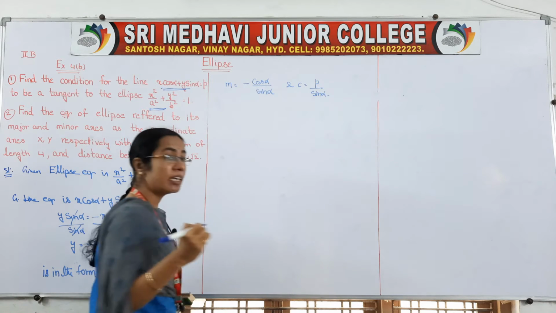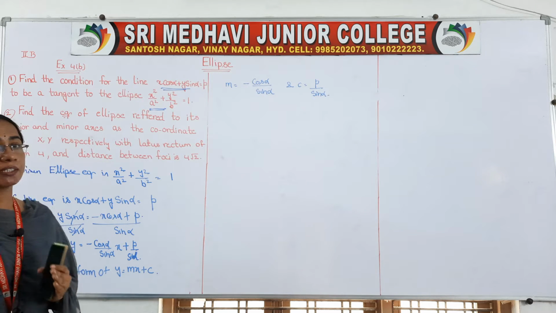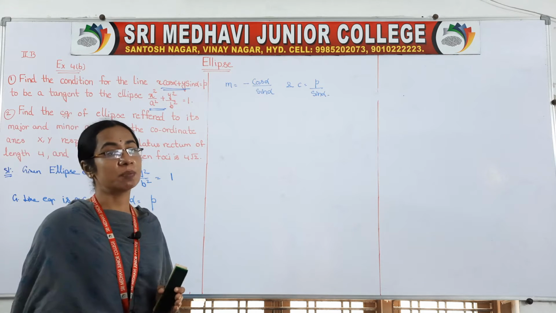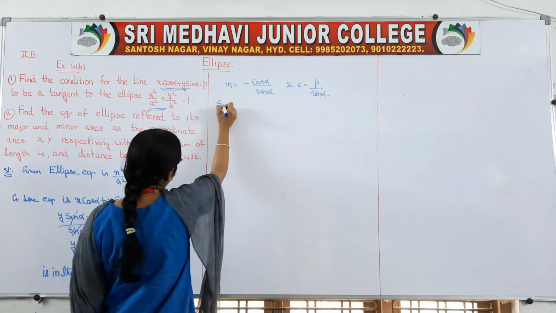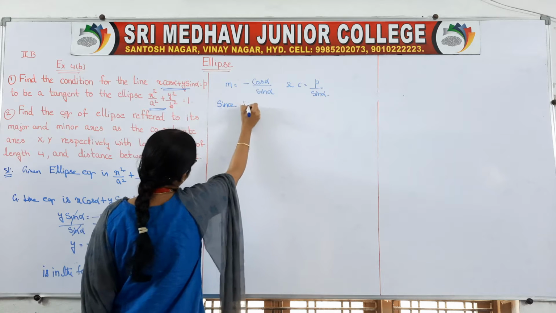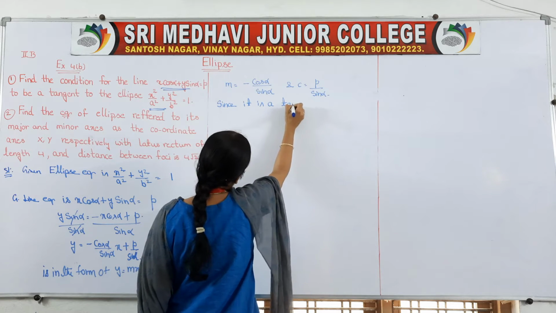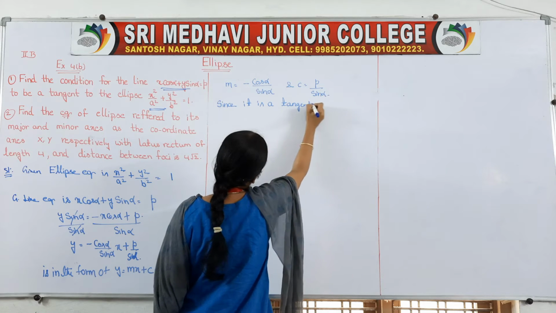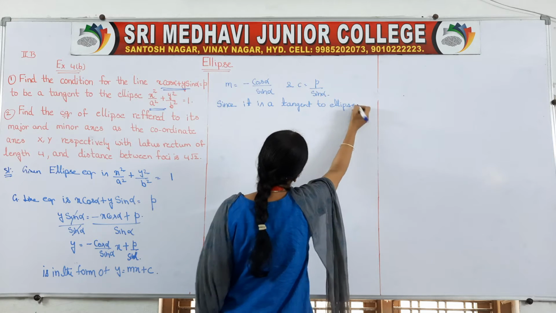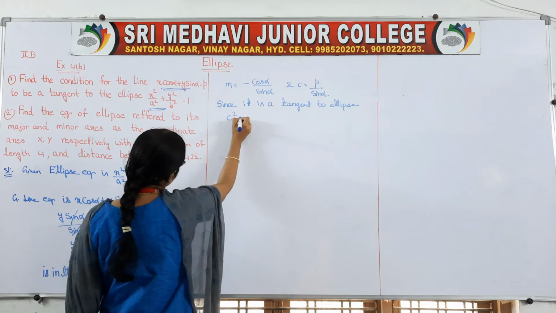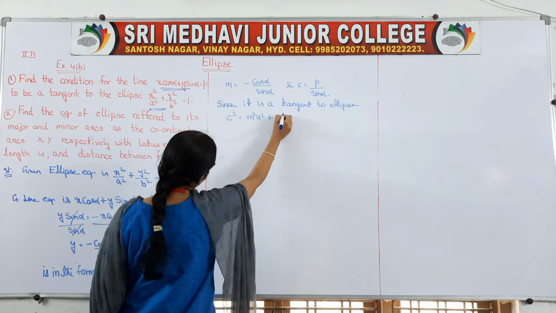So for any line in y is equal to mx plus c form to be a tangent to the ellipse, there is a condition, right. So since it is a tangent to the ellipse, it has to satisfy one condition. What is that? C square is equal to m square a square plus b square.